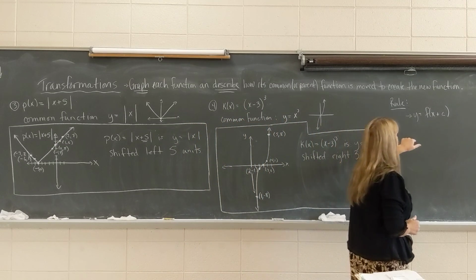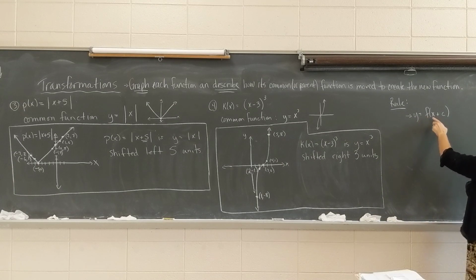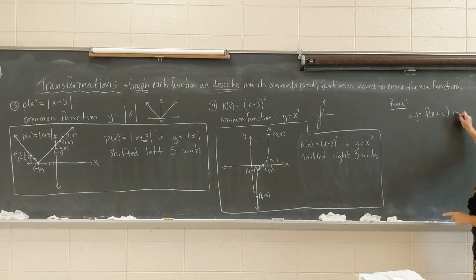So my rule is going to look like y equals f of x plus c is f of x shifted where? This time it's not up and down, this time it's left and right because you're affecting x and x goes left and right, so you have to make that change in that direction.